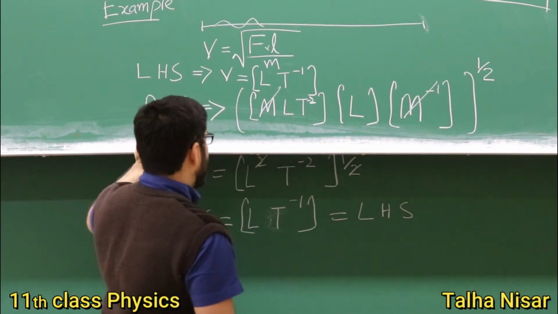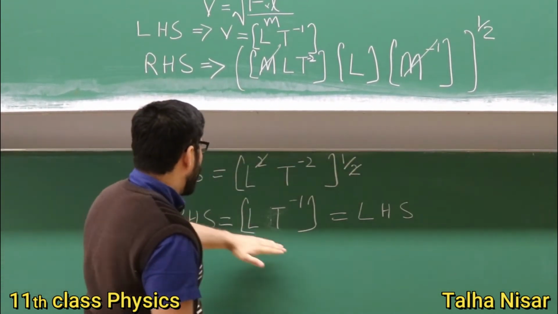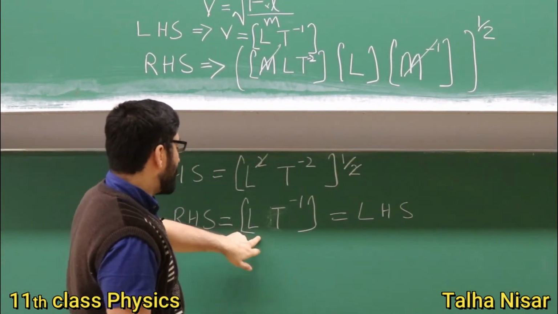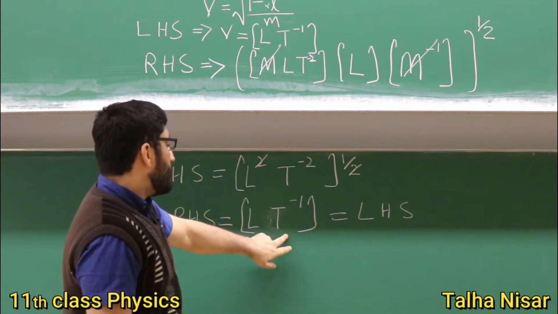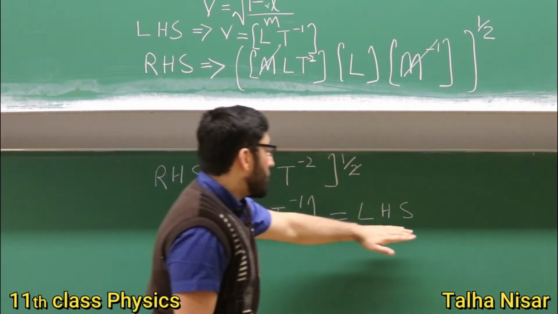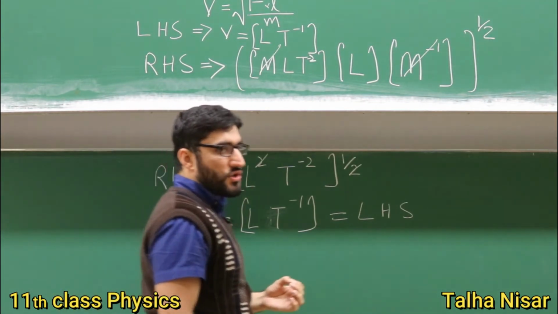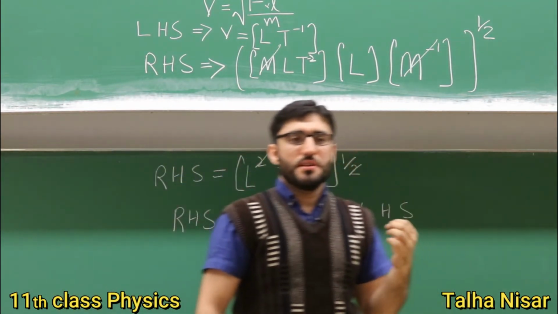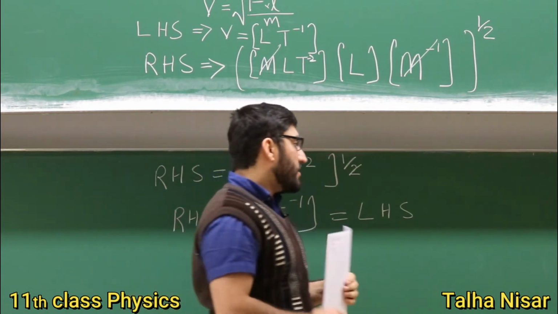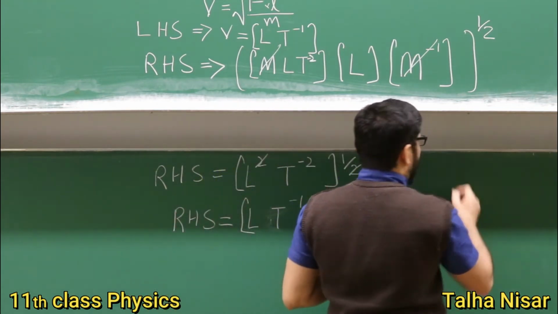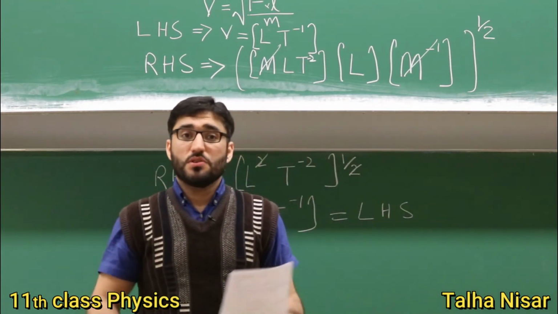We do the analysis, and finally what we get is length divided by time, which is equivalent to the left hand side. So whenever you see an equation, it must be dimensionally correct. The right hand side must be equal to the left hand side.